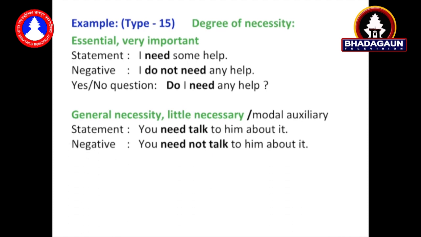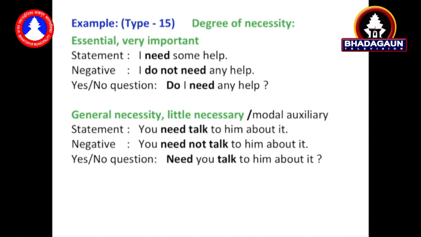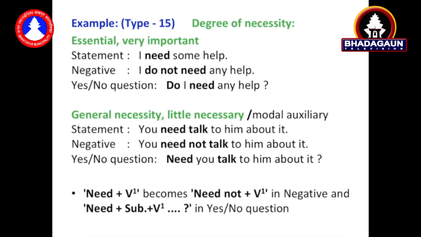Its negative is, you need not talk to him about it. And you can guess its yes no question: need you talk to him about it? From these examples, we can extract the sentence structures like this: need plus V1 becomes need not plus V1 in negative, and need plus subject plus V1 in yes no question.